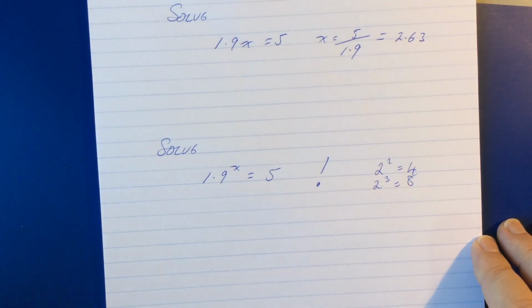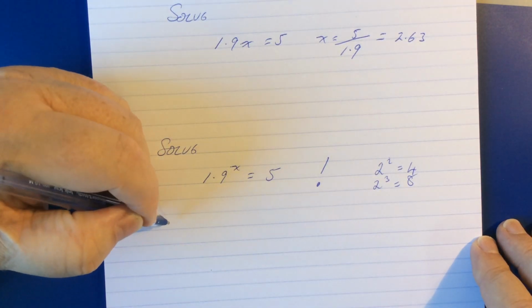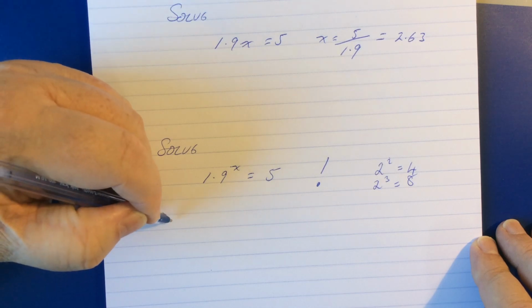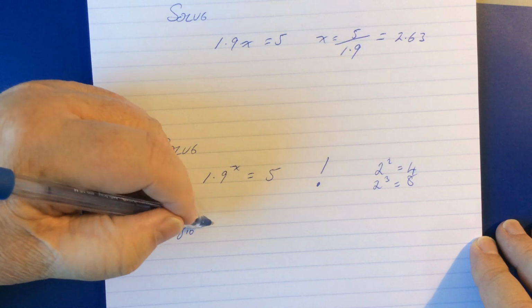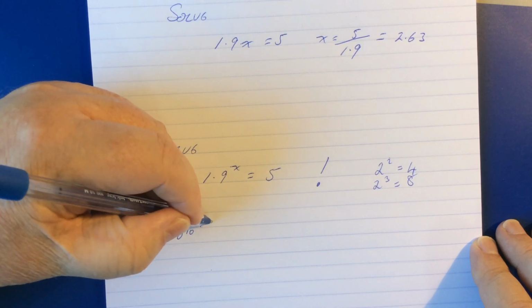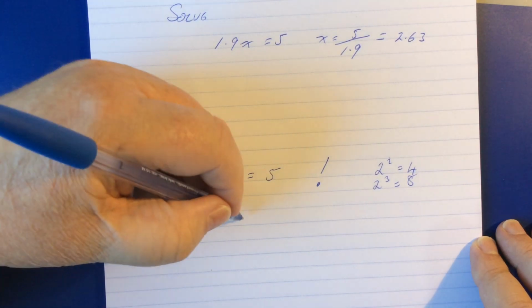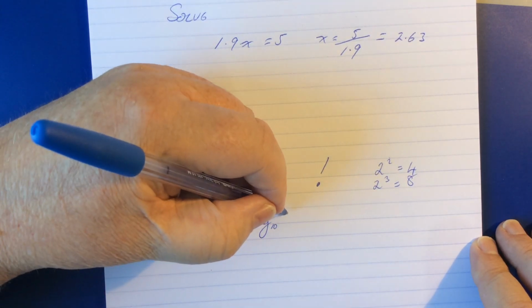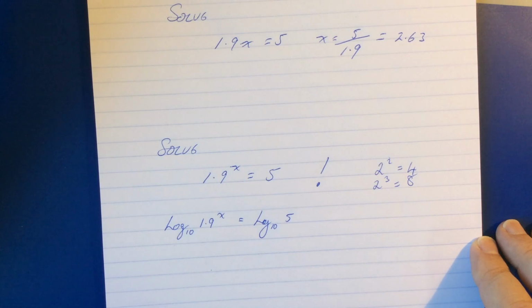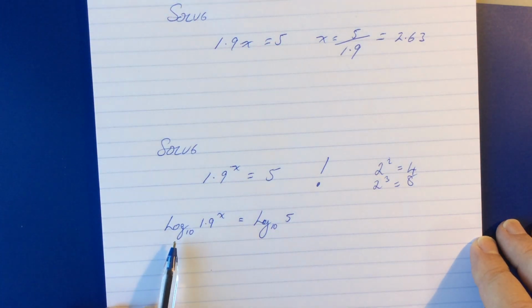Now, how do we do this? Well, we take the log of each side. So we'll do this in log 10. Log 10 of 1.9 to the x is equal to log 10 of 5. Okay, that's the setup.